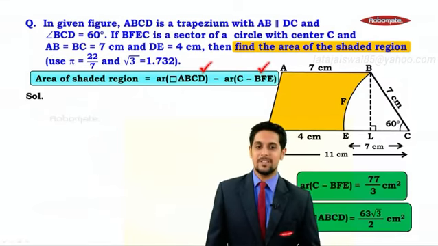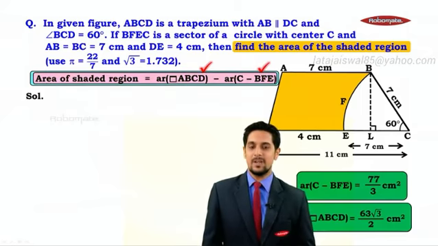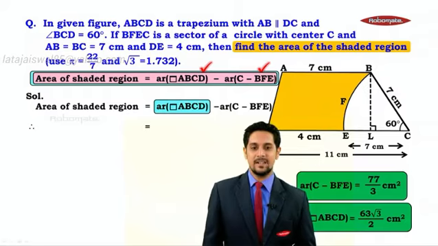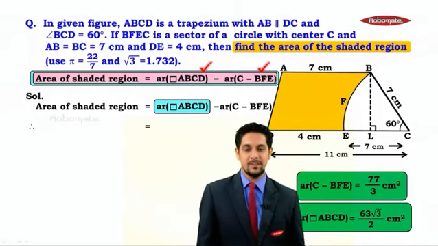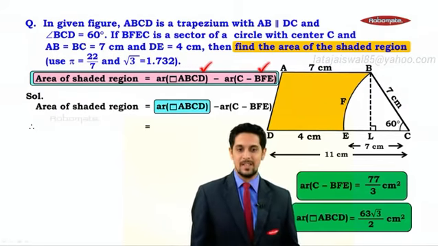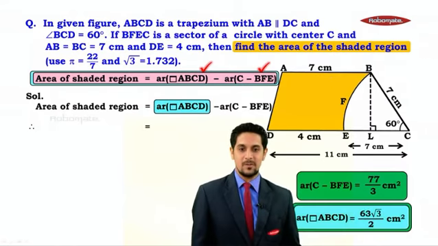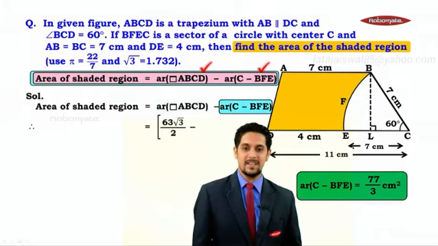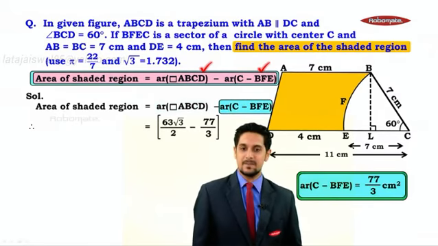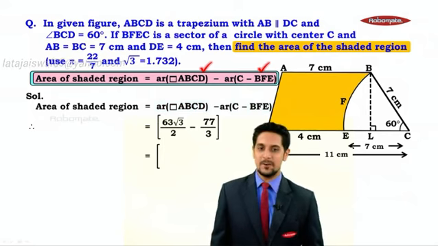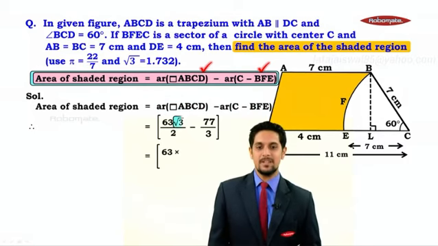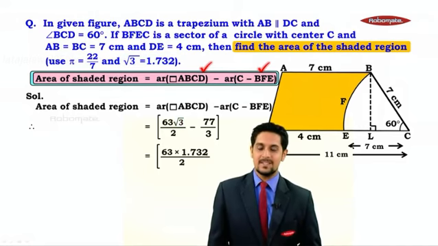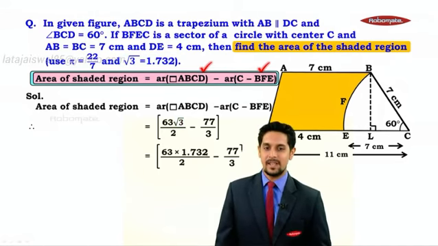Now we can find the area of shaded region, which is equal to area of the trapezium ABCD minus area of the sector, that is C dash BFE. On substituting the values, we have area of the trapezium, which was equal to 63 root 3 upon 2 minus 77 upon 3. Let us substitute the value of root 3. This is equal to 63 into 1.73 upon 2 minus 77 upon 3.